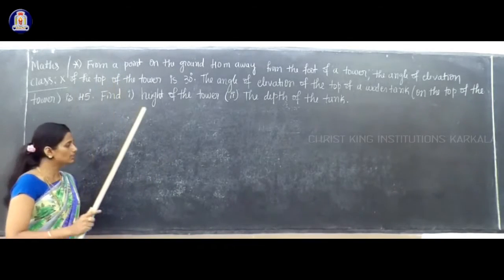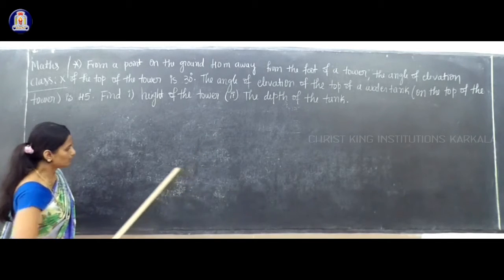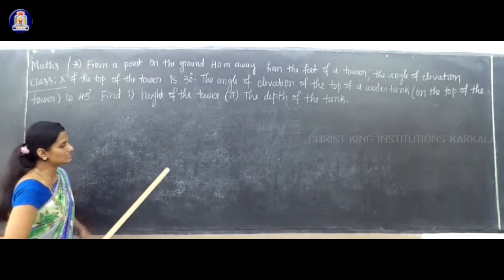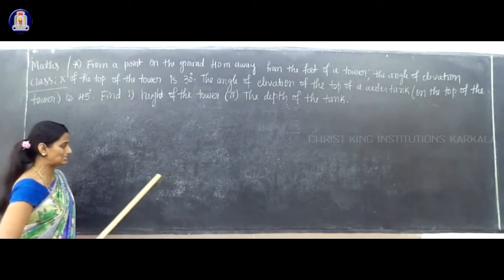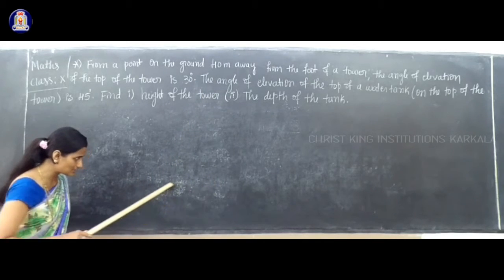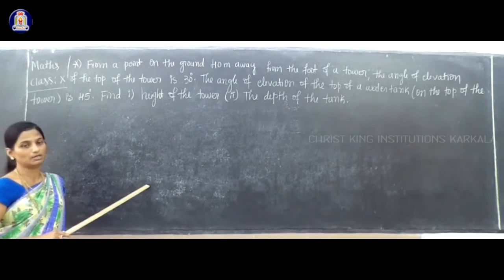So here how many objects? One is the point, one is the tower. What is the distance between the point and the tower? The distance between the point and the tower is 40 meters. So this distance is 40 meters. Just assume the image.